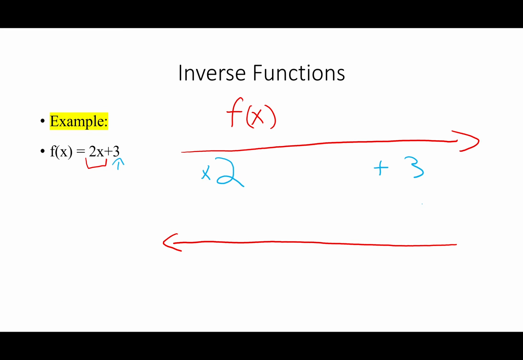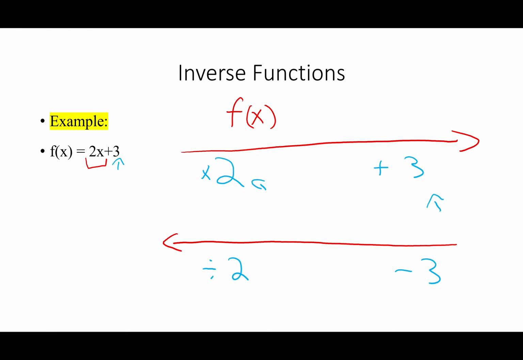The last thing we did in our original function was adding 3, so to undo it we subtract 3. The first thing our function did was multiply by 2, so to undo that multiplication we divide by 2. This is for our inverse function.